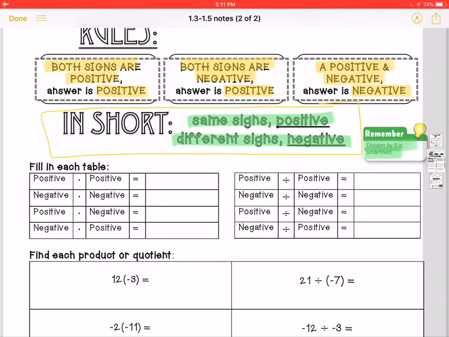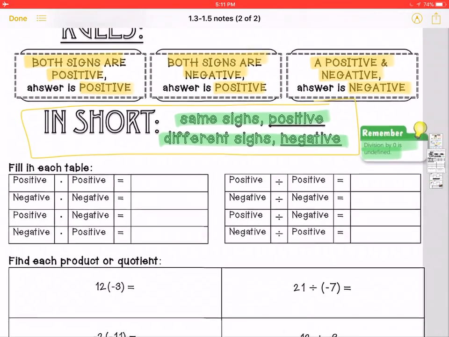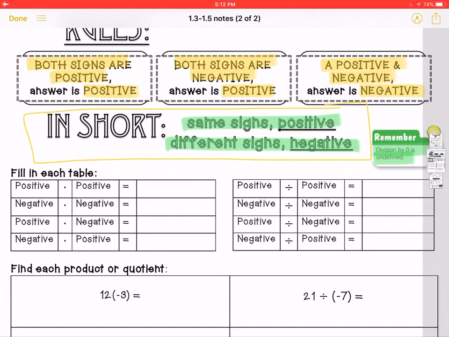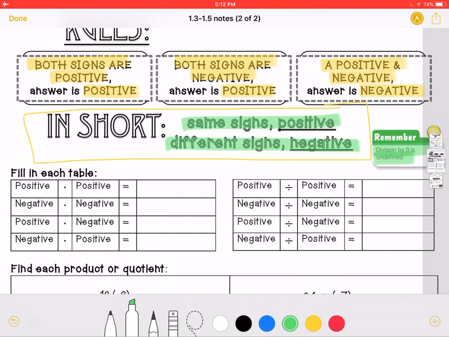Let's fill in this table together, kind of helping dive further into those rules and understanding them better. So let's look at the one to the left. Our table to the left is all dealing with multiplying. And then we'll move over to the right with dividing. But let's fill this in. If we multiply a positive times a positive number, positive times a positive gives us a positive.